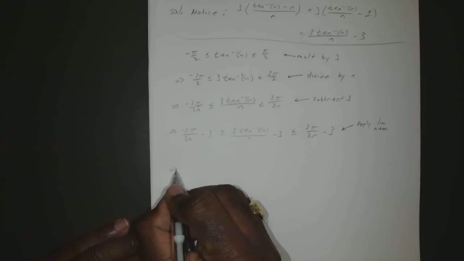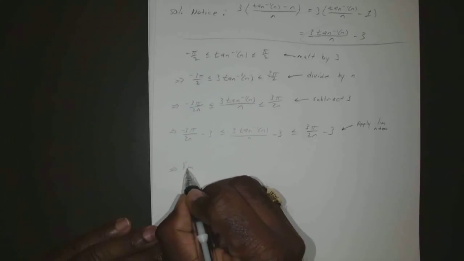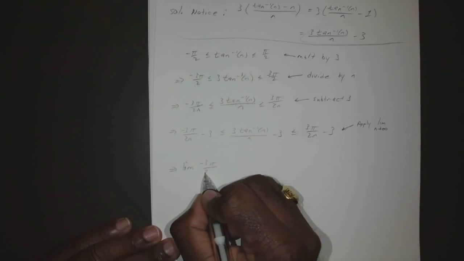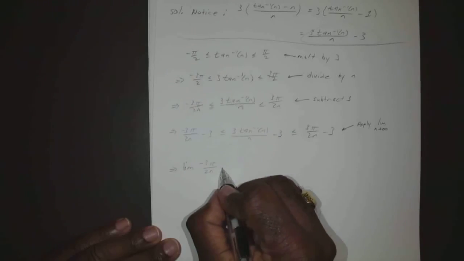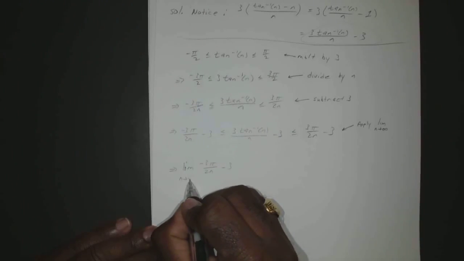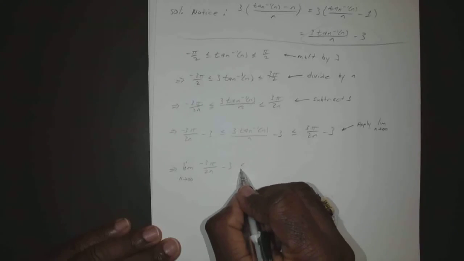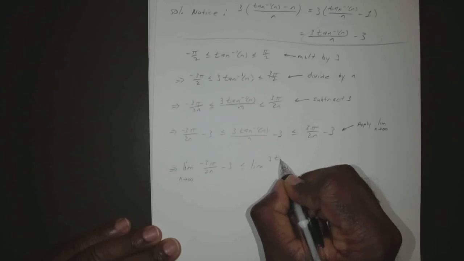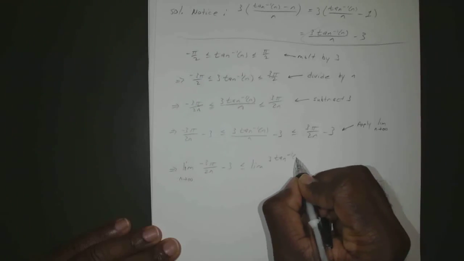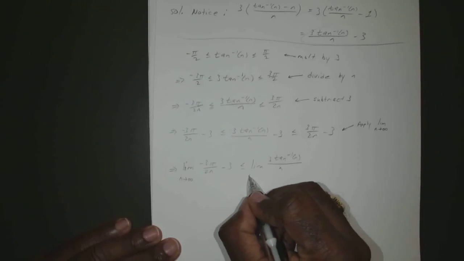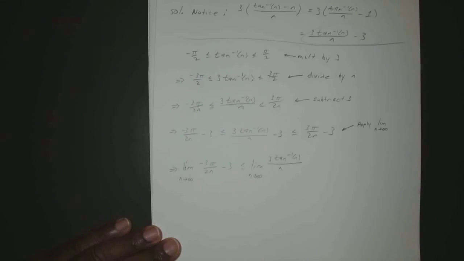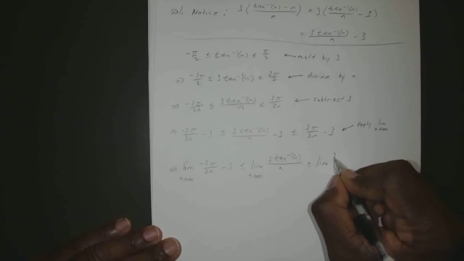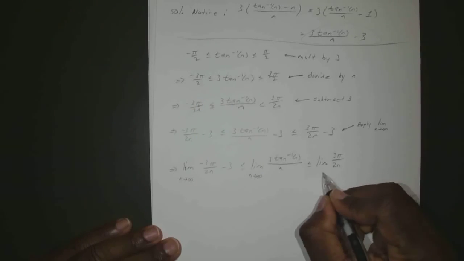So that means we have the limit of negative 3 pi over 2n minus 3 as n approaches infinity. It's less than or equal to the limit of 3 times tangent inverse of n divided by n minus 3 as n approaches infinity, which is less than or equal to the limit of 3 pi divided by 2n minus 3.